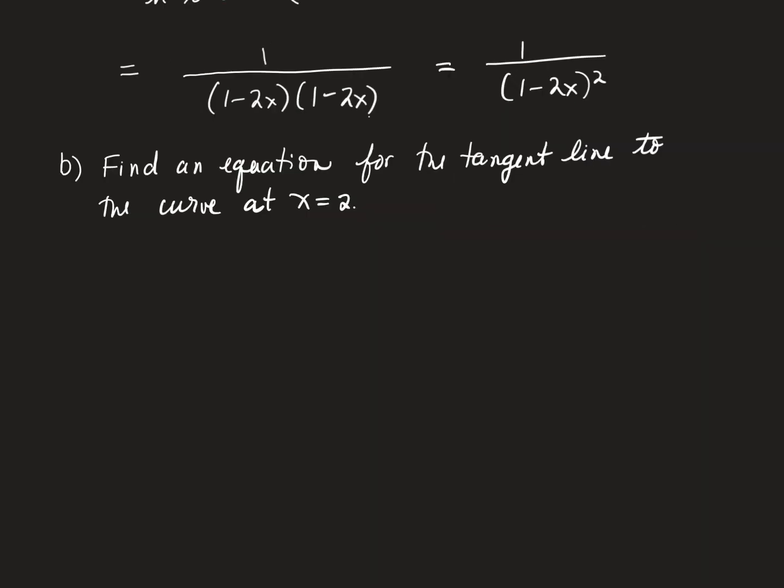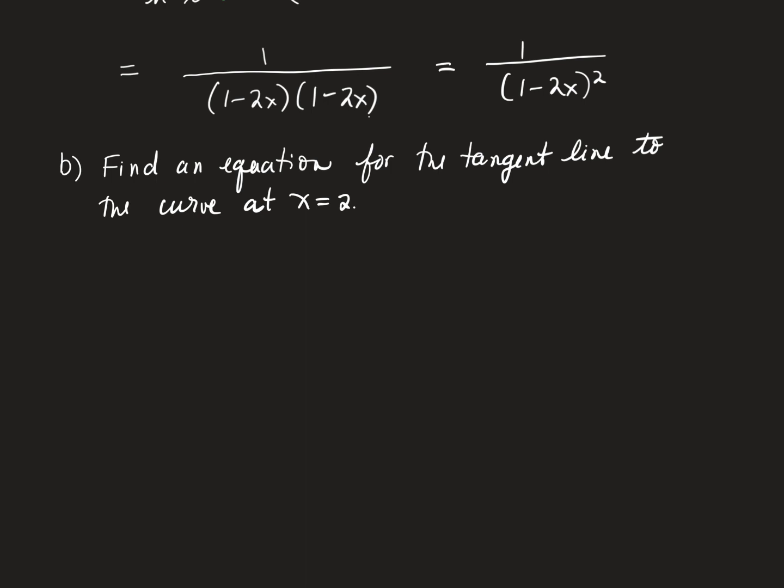Now there was a second part to this problem: find an equation for the tangent line to the curve at x equals 2. Now we found the derivative, and the derivative can be used to give us the slope of the tangent line at a point.